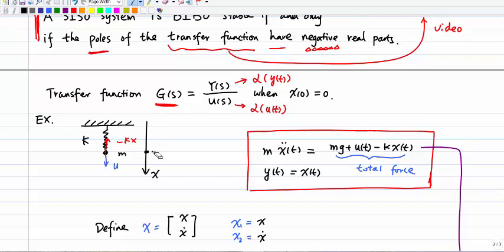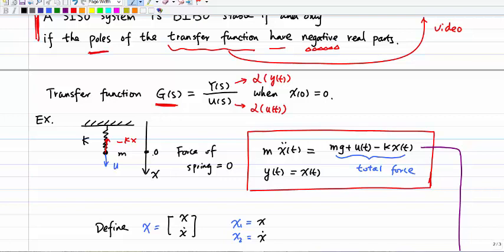This point is defined as 0 when the force of the spring is equal to 0, which means at this point the spring does not pull or push the object. That's the initial zero state of x.